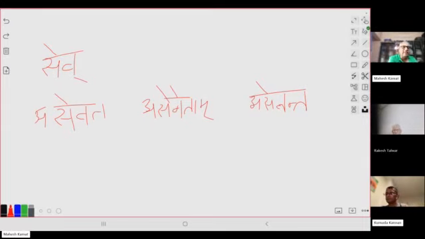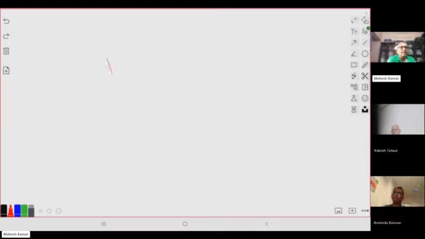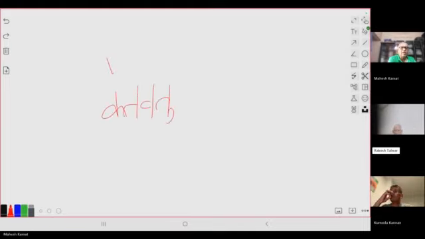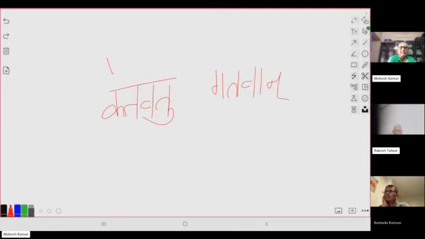We studied Ktavatu Pratyaya, which gives us Gatavan, correct? Gatavati. So this was the way to show the past tense.